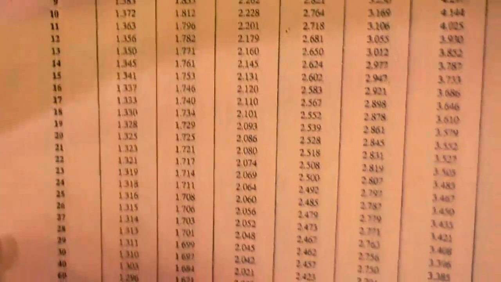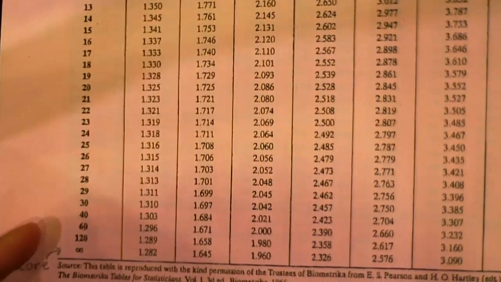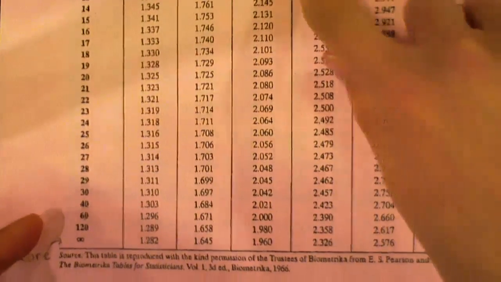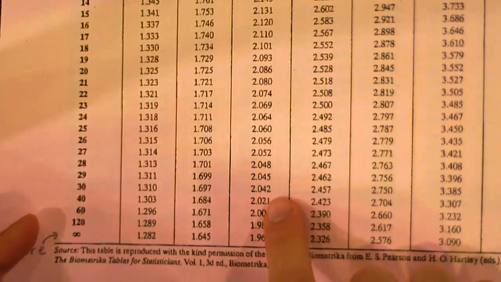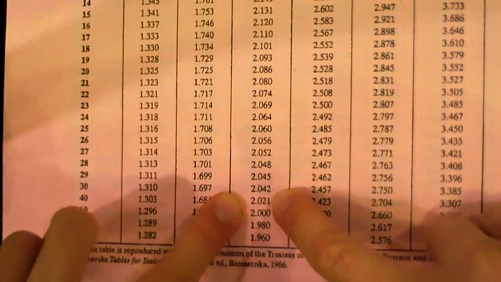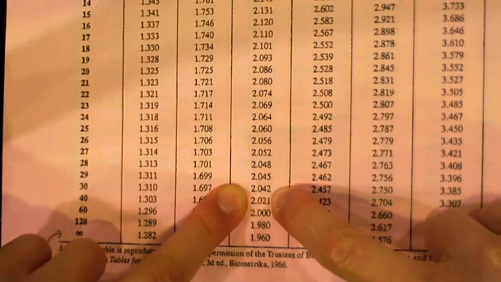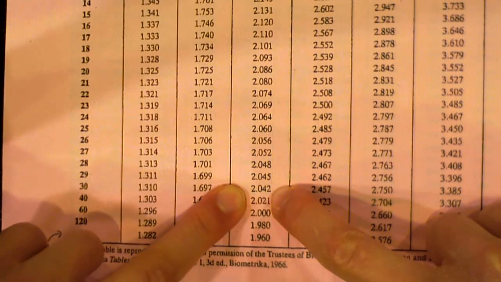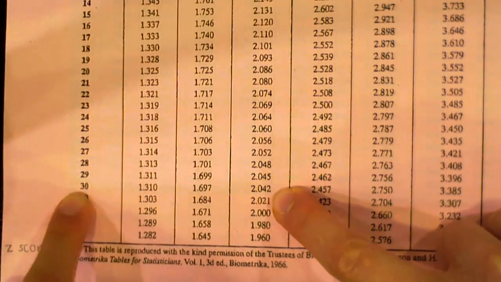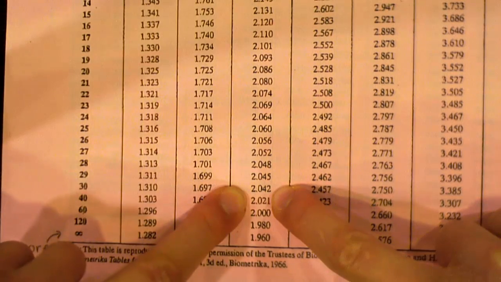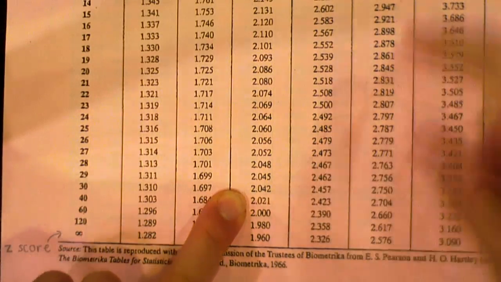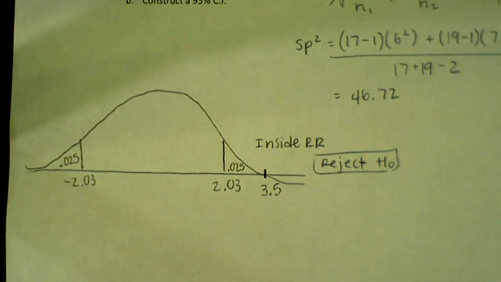And then if you go down, right here, because our degrees of freedom were 34, so if you average that 30 and 40. Oh, okay. Yeah, 34. All right, good luck, guys.